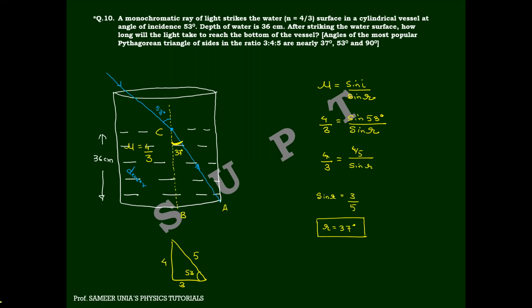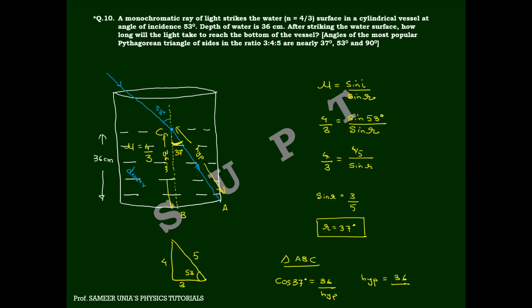We know this is 36 centimeter. We can get this distance from the triangle, the hypotenuse. Look at triangle ABC. Sin won't work, so cos 37 is 36 centimeter by hypotenuse. Hypotenuse is going to become 36 centimeter by cos 37.